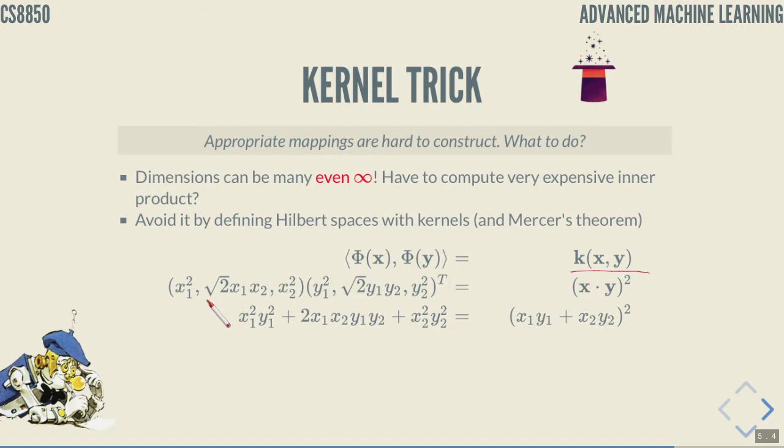But in fact, if you do the algebra, you will see that this inner product is nothing but just this expression. And this expression is much simpler to compute directly rather than first mapping each of the x and y and then computing the result.